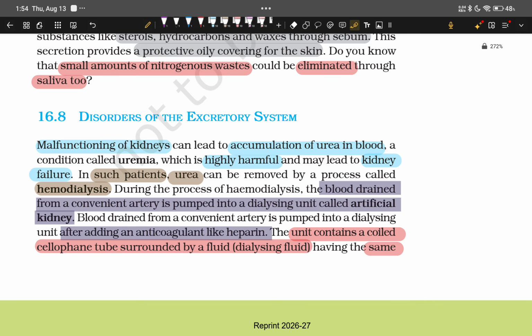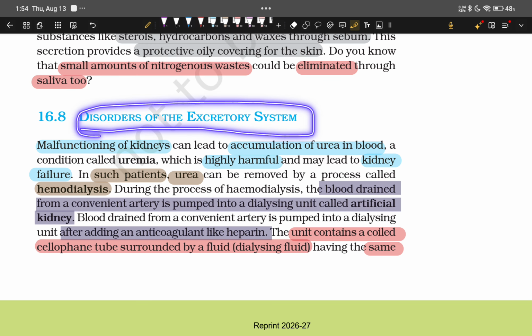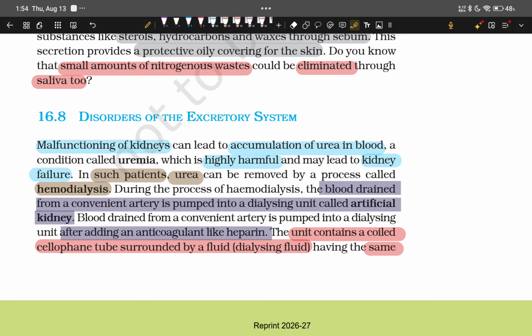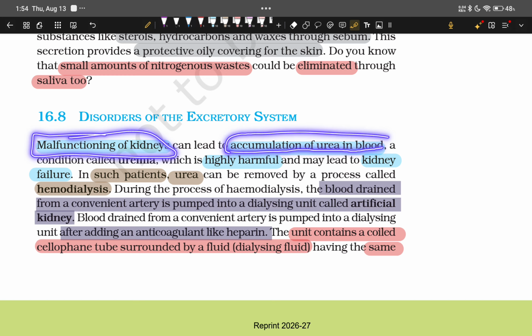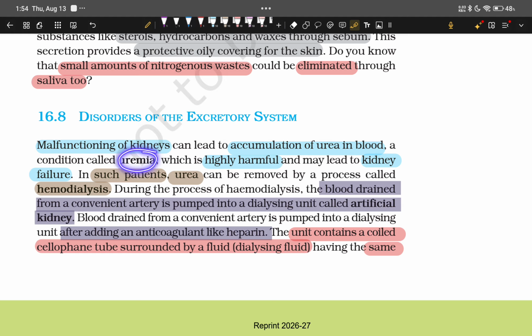Got it? Then we have disorders of the excretory system. Disorders related to the excretory system, we are going to read about. First of all, malfunctioning of kidney can lead to accumulation of urea in the case of ureotelic organisms like us. In that case, this condition is called uremia, which is accumulation of urea in the blood.